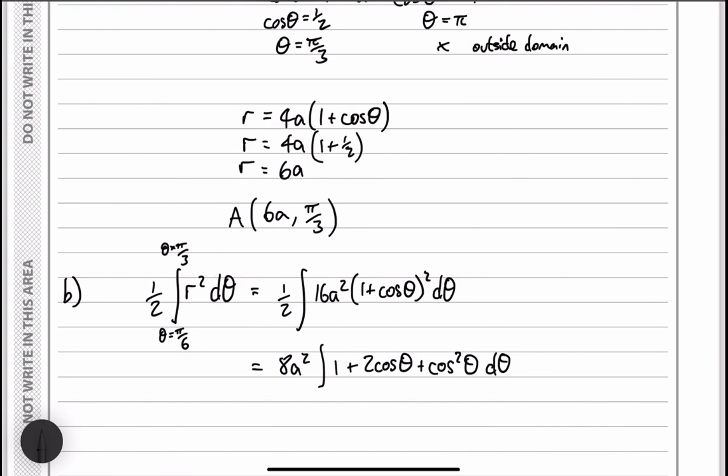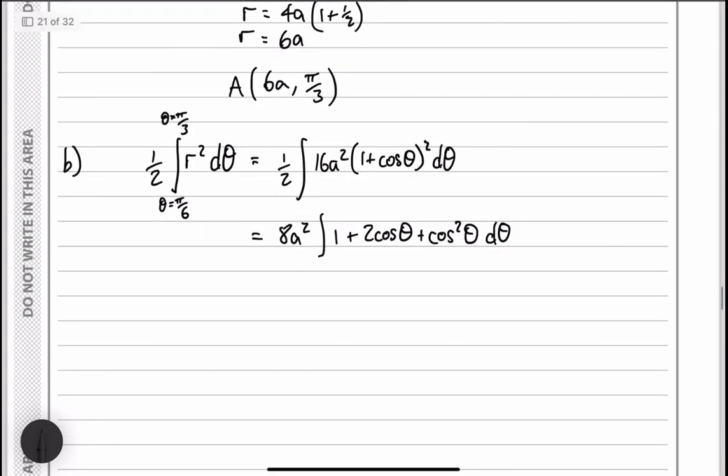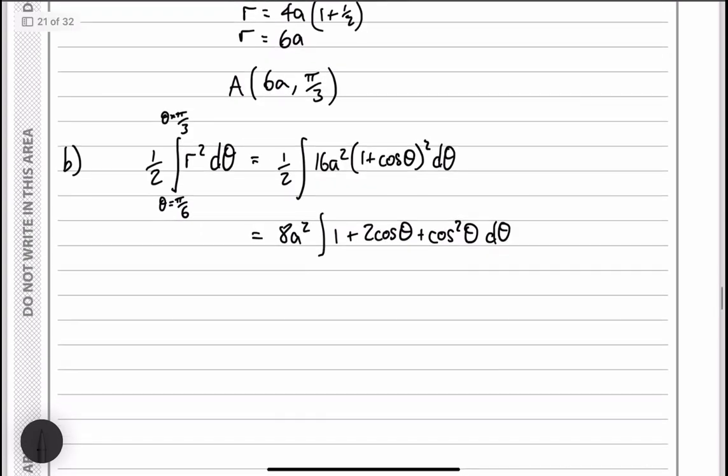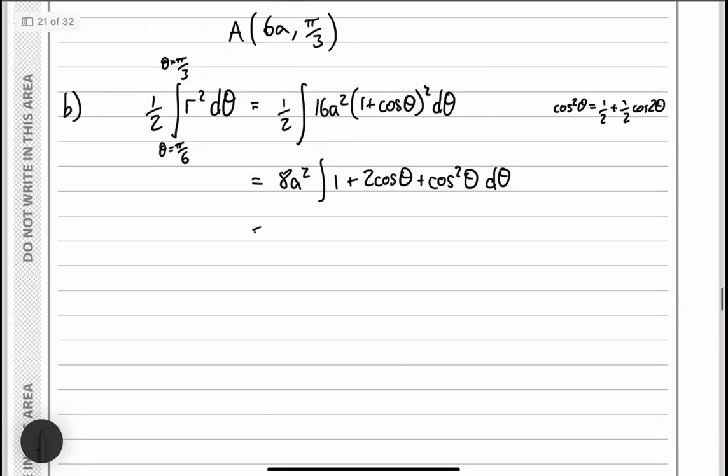And immediately I think to myself, I don't like that cos squared because that's going to be awkward to integrate. Let's change that using the double angle formula. So I'm going to change that cos squared into a half plus a half cos 2 theta. So we've got 8a squared integral 1 plus 2 cos theta plus a half cos 2 theta d theta.